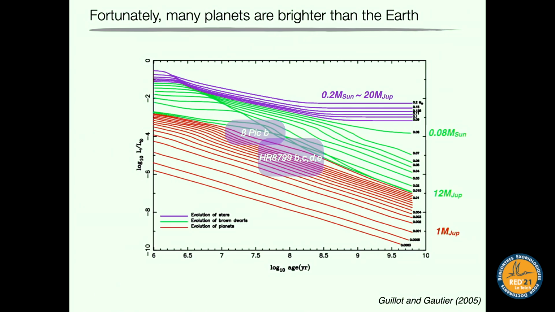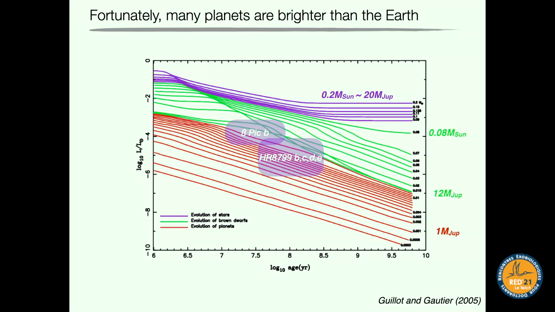Thanks to this diagram, we can see that we measured the luminosity of these planets compared to the star, and we now know that these planets are in this region that is shaded in blue. So the planets that we observed through this method are mostly, as I said, planets that are much more massive than Jupiter, but they also have to be very young.